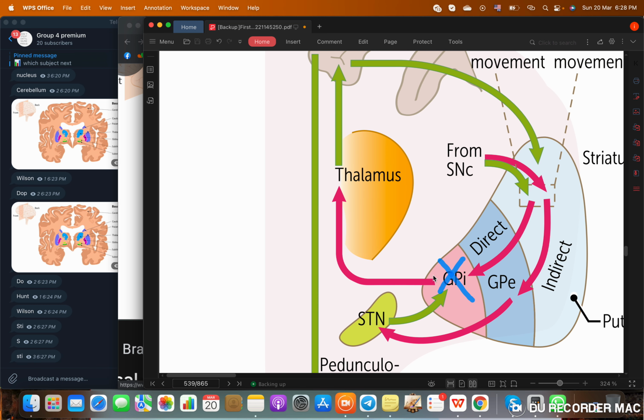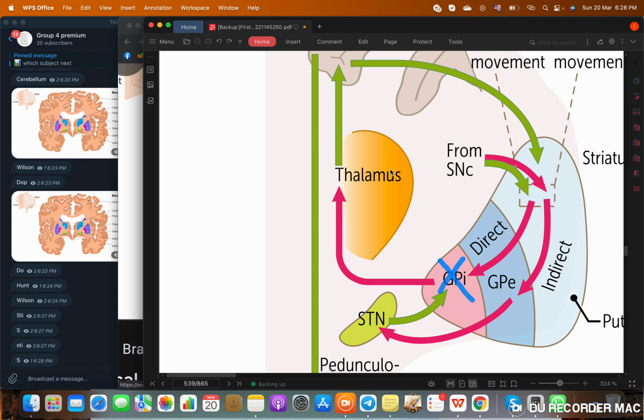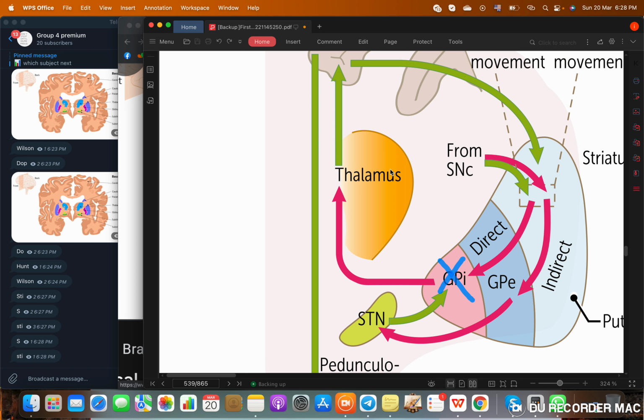Normally, the Globus Pallidus internus, remember the red means inhibition, the green means stimulation. The Globus Pallidus internus normally inhibits the thalamus, okay? So if he is inhibited now, will the thalamus be stimulated or inhibited? What do you think? Yes, he will be absolutely stimulated.